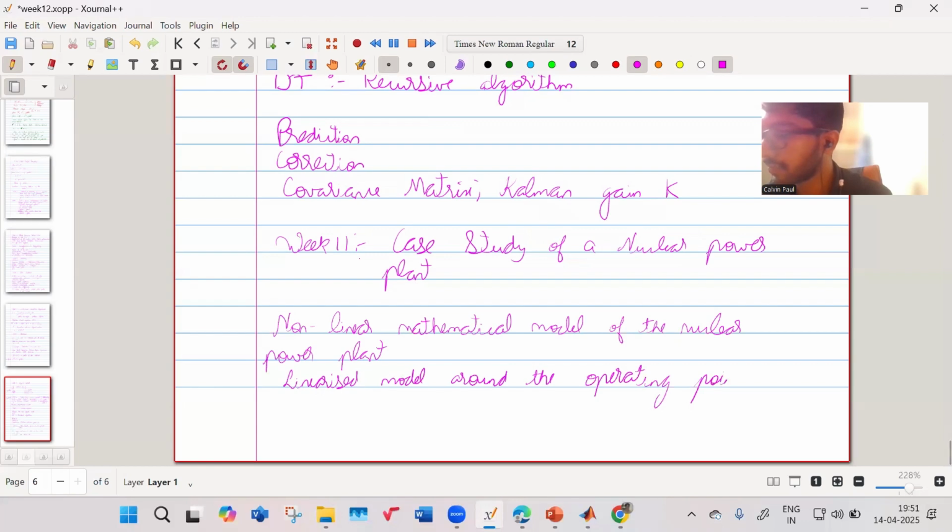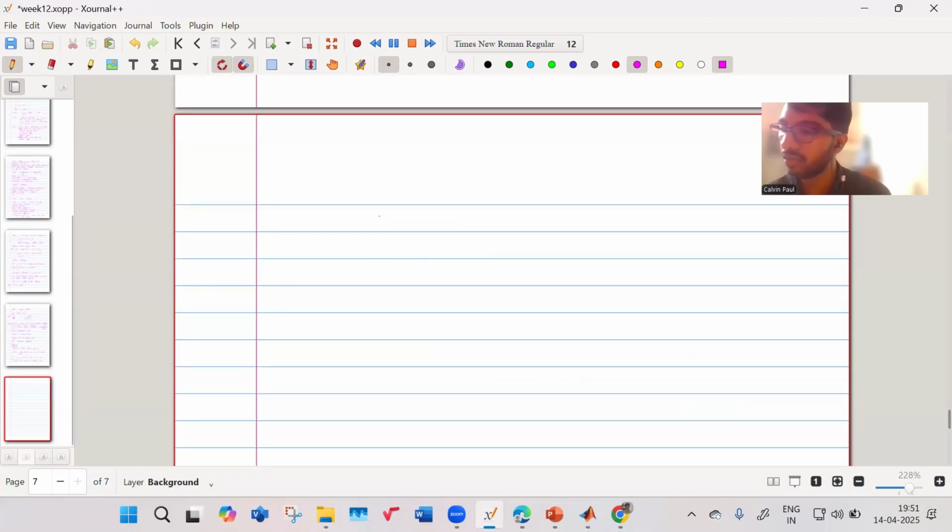Then a controllability test and an observability test were carried out.